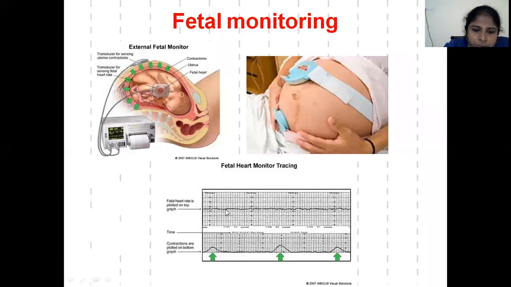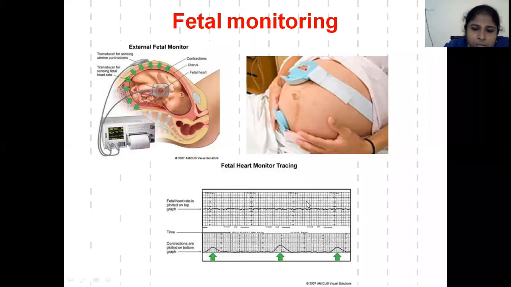So here, if there is an increase of 15 beats more than the baseline, it is called accelerations. Here there are no accelerations. If there is a decrease of 15 beats, there will be dips. Those are called decelerations. In this graph, there is no acceleration, no deceleration. This is like an equivocal sleep pattern CTG.